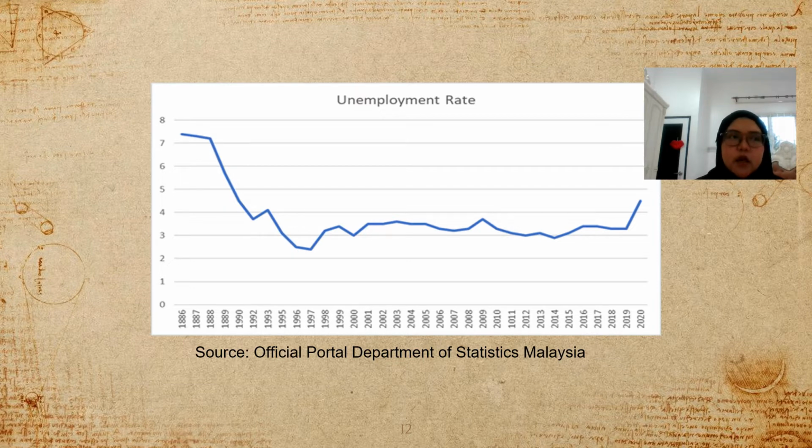For example, Vision 2020 succeeded in lowering the unemployment rate compared to before. And we can see here in the graph the unemployment rate is going down until 2020, when it goes up due to the pandemic of COVID-19.